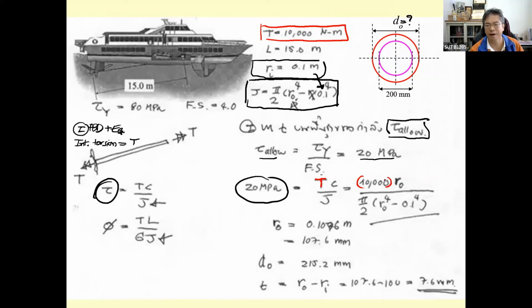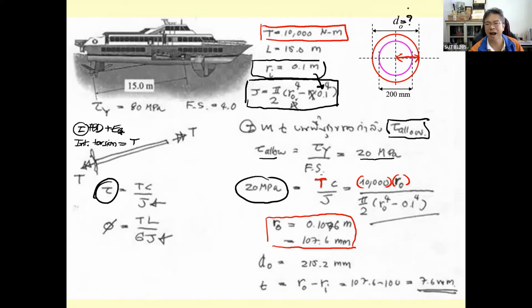Just put this one. The outer radius is going to be R sub O. And then you put the J. You solve the equation. Okay, this is R sub O to the power 4. You get the radius to be 107.6.